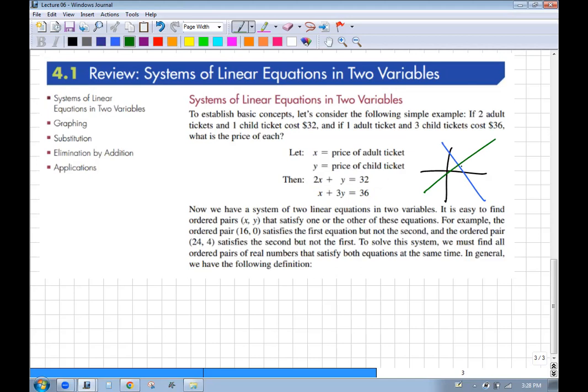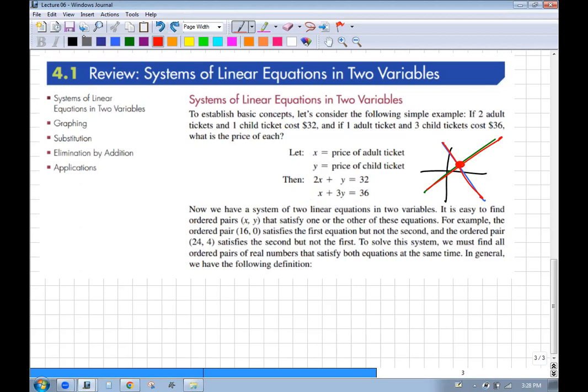Now, the only place where both of these are true is where these lines intersect. And this is what satisfies both of these at the same time. Here's some solutions, here's some solutions. This point is the only point that solves both of these equations.